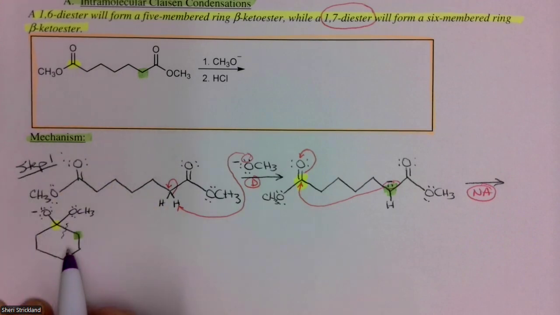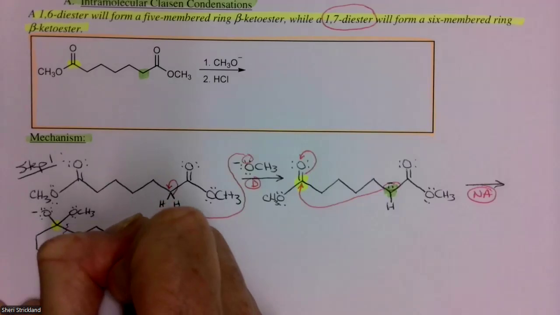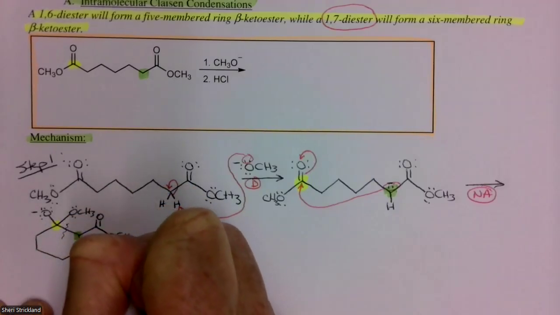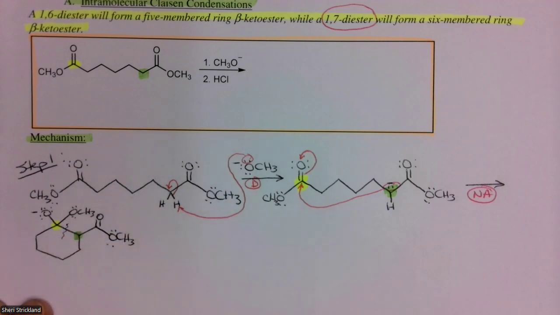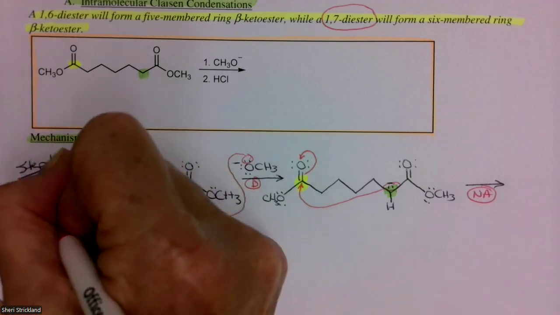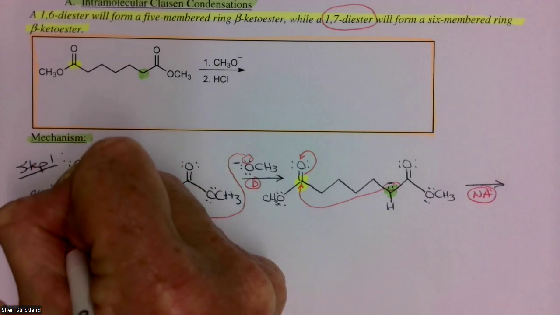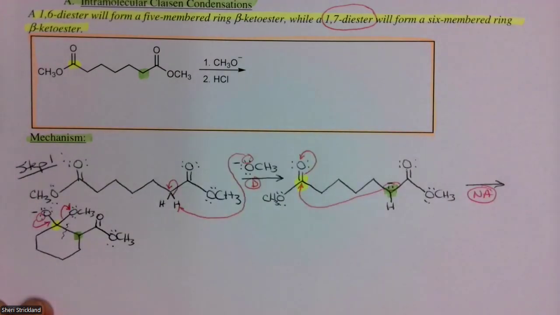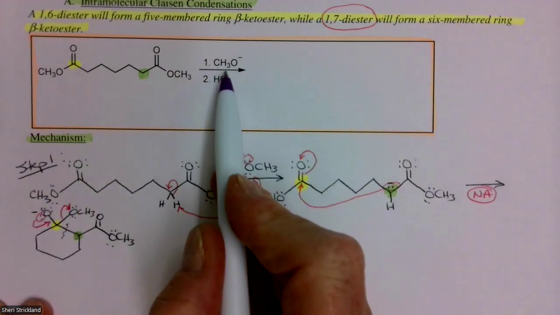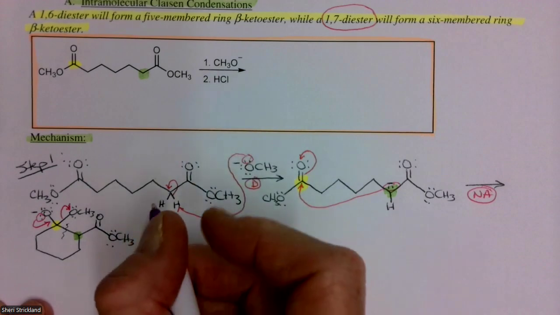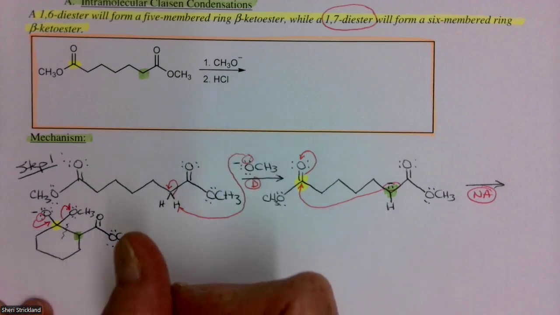And then this one is still attached to that other ester. All right, so what happens now is that we're going to reform the carbon-oxygen double bond and kick out the alkoxide, because this is a very basic environment. This is the conjugate base of methanol. It's a pretty good base, so it's fine to kick out a methoxide.